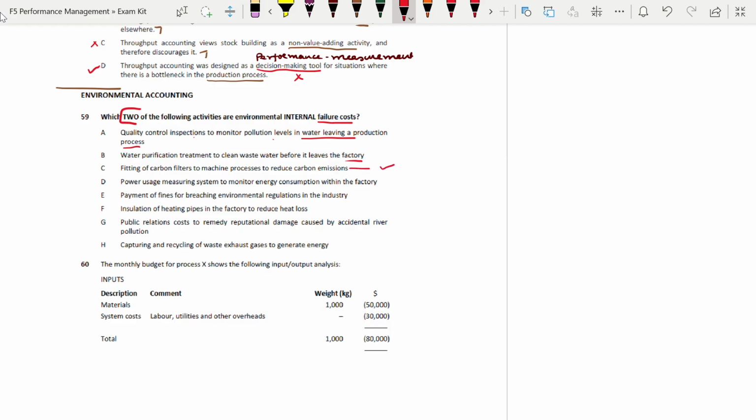Okay, this is right. Power usage measuring system to monitor energy consumption. That is nothing but the sensors. This is the environmental cost. Payment of fines for breaching environment regulations.